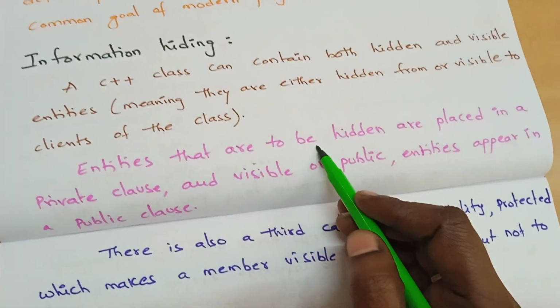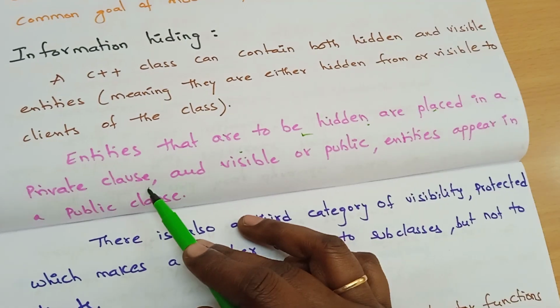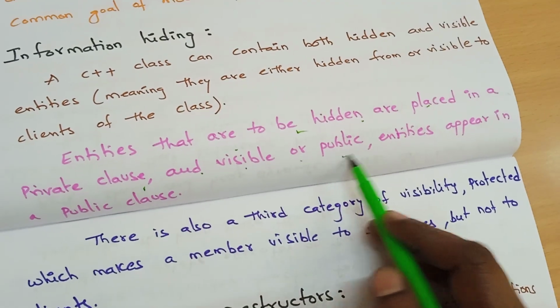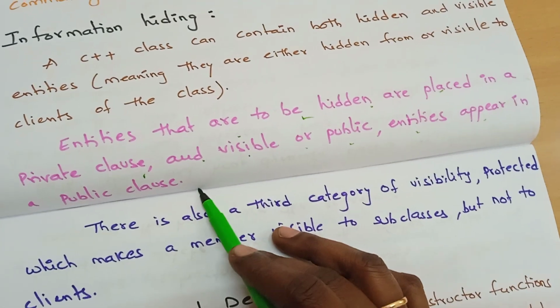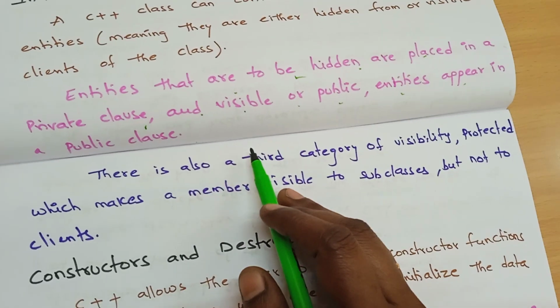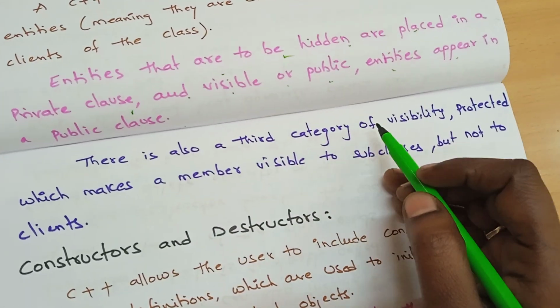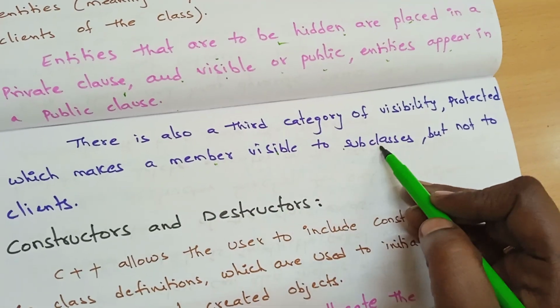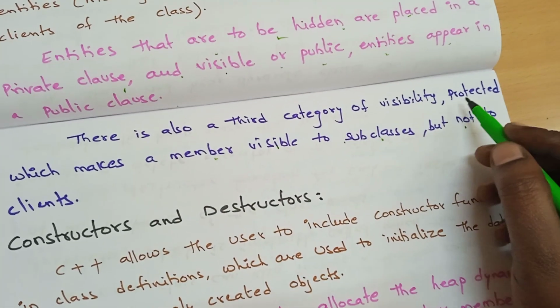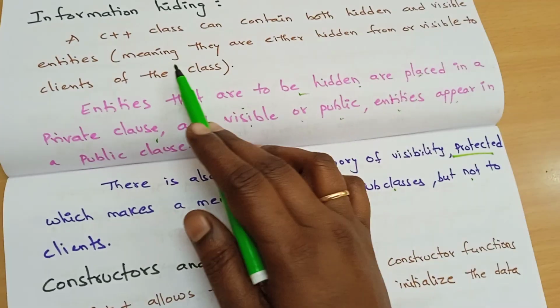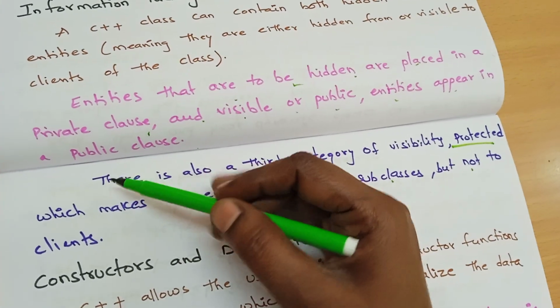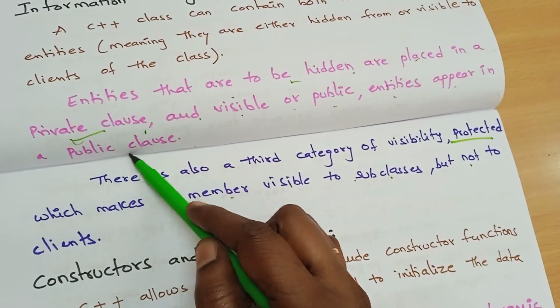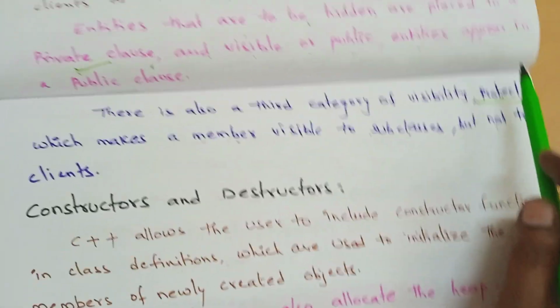Entities that are to be hidden are placed in a private class, and visible or public entities appear in a public class. There is one more third category, protected, which makes a member visible to subclasses but not to clients. So information can be hidden using three classes: private, public and protected.